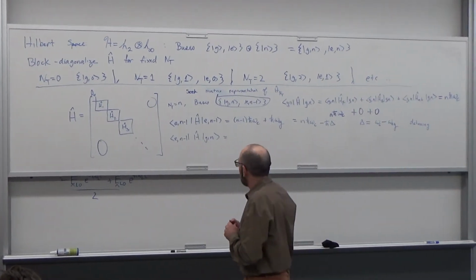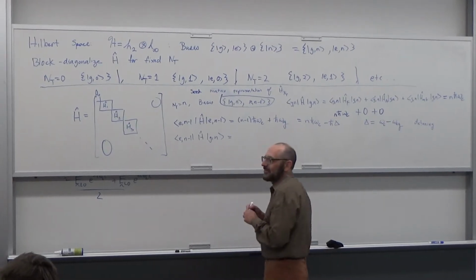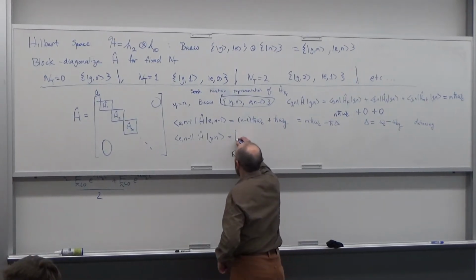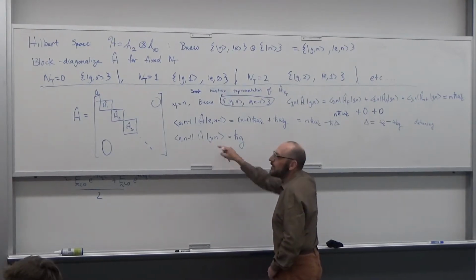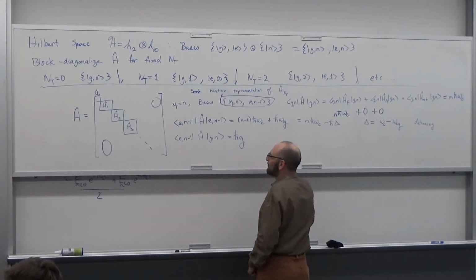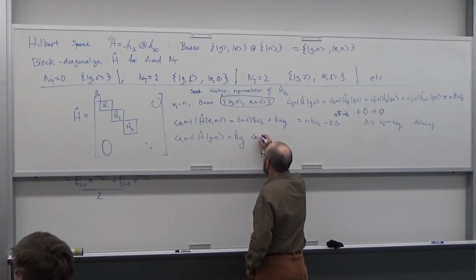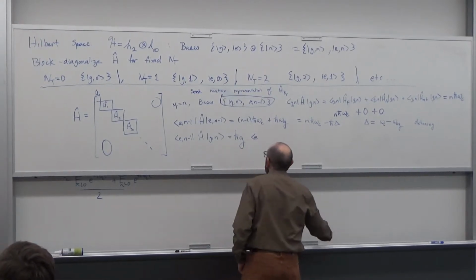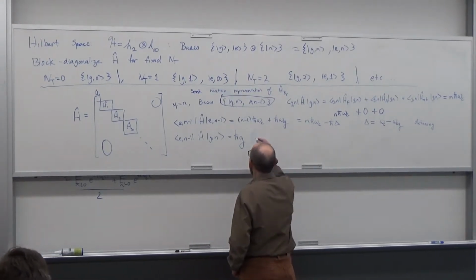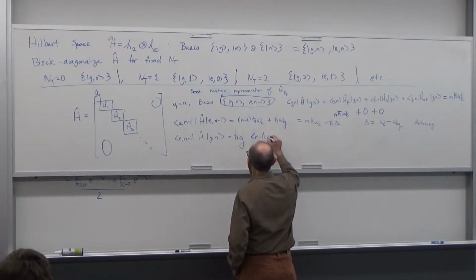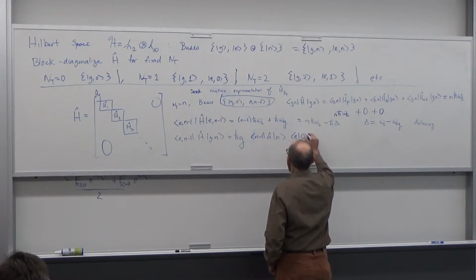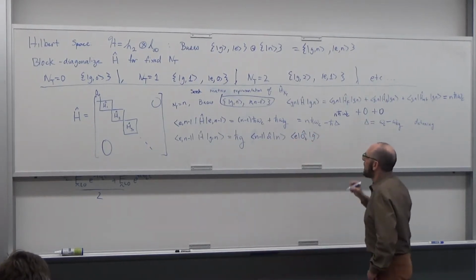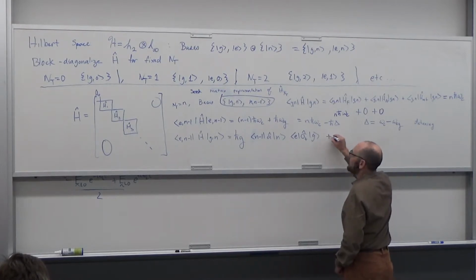With that said, we have h bar g, not to confuse with the ground state, is equal to the matrix element of the interaction between the two states.